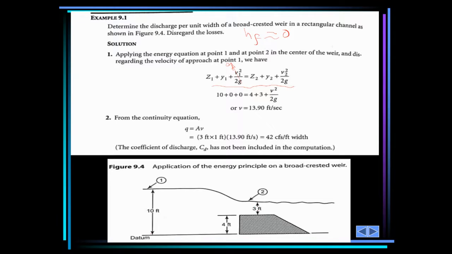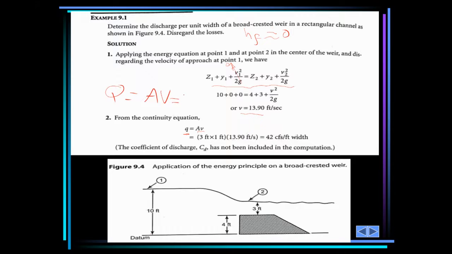Then we have the velocity head term. We neglect the velocity of approach, and in this case we found V. Once we find V, we can find Q, because Q is equal to AV. Here it says per unit width, so it's a rectangular channel.